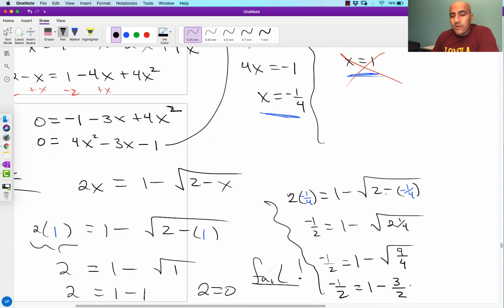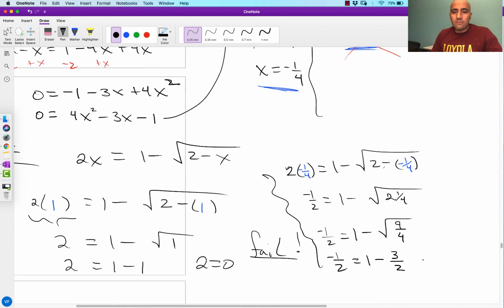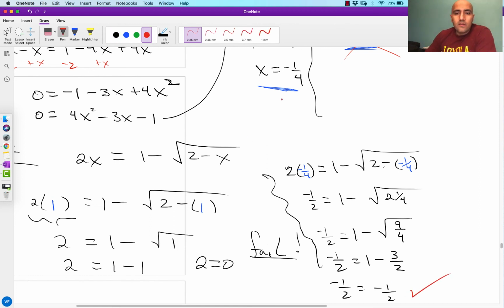And 1 minus 3 halves, that is going to be true. Negative 1/2 is equal to negative 1/2. Right? 3 halves is 1.5, so 1 minus 1.5 gives you negative 1/2. Great. So this one works out. So this is the only true solution: x equals negative 1/4.